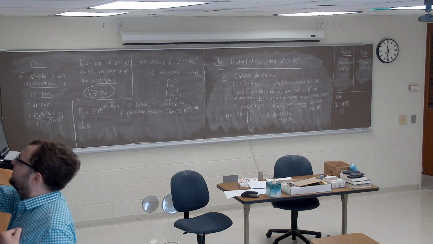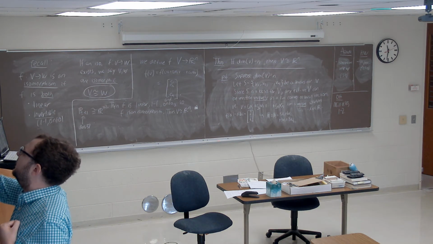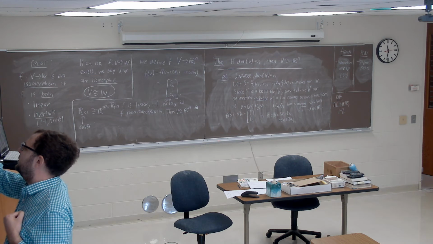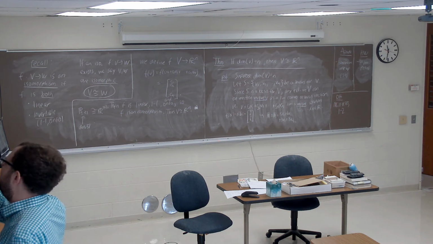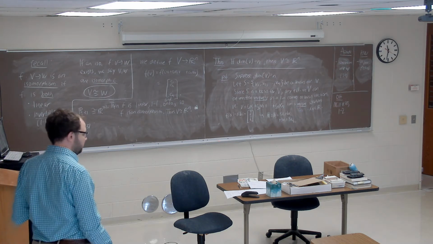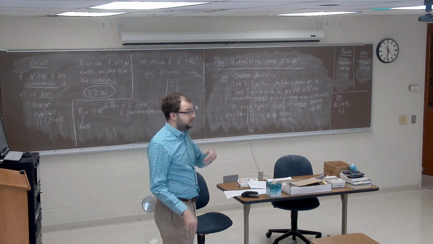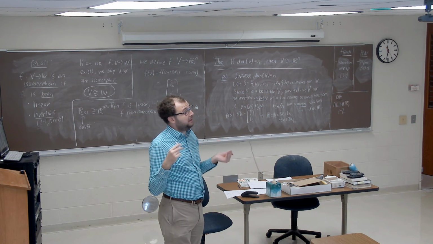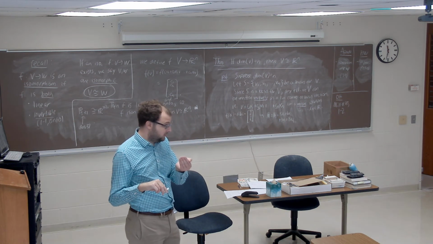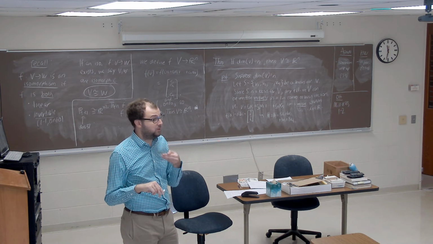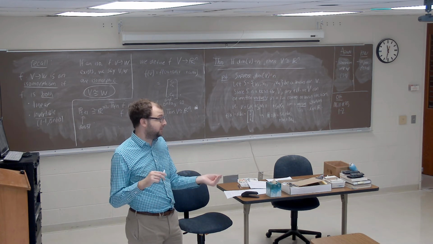So, since f of v1 minus v2 is equal to the 0 element in W, what does that tell us about v1 minus v2? If it's an element that we can plug into the function f and get 0, what does that tell us about v1 minus v2?